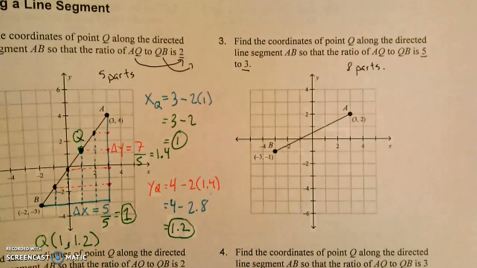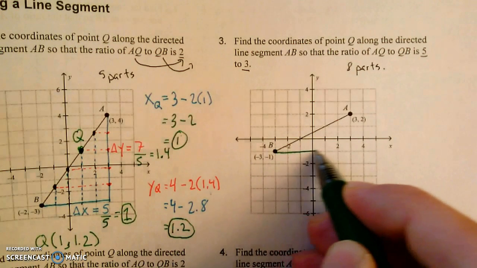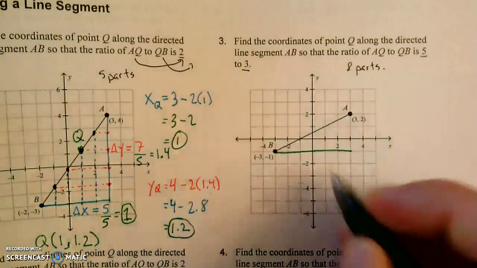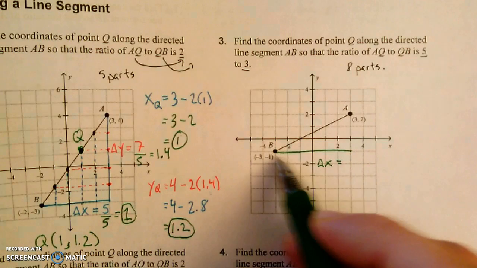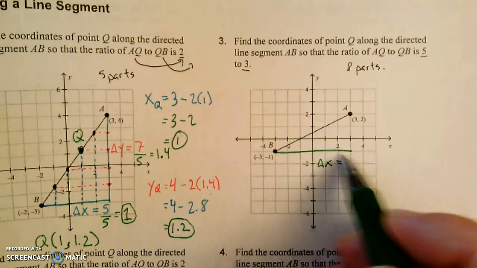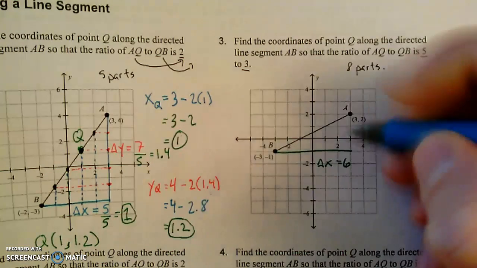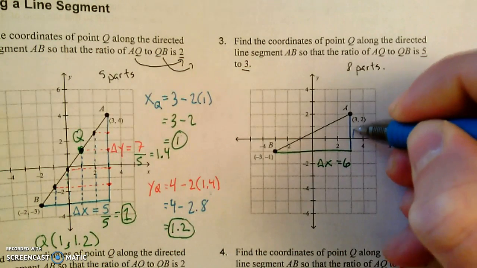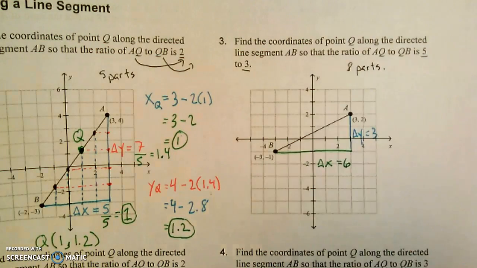So first, let's mark off our delta X, our change in X, which is 1, 2, 3, 4, 5, 6. And then our delta Y, which is 1, 2, 3.